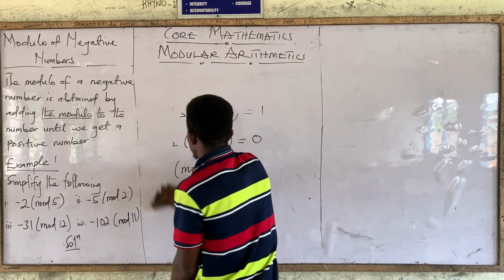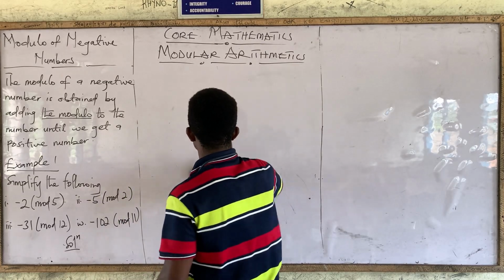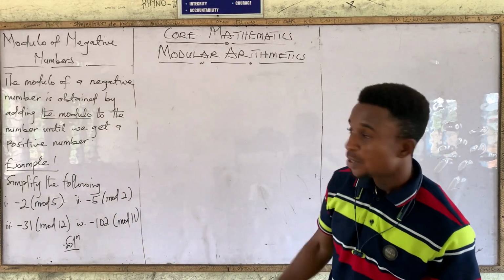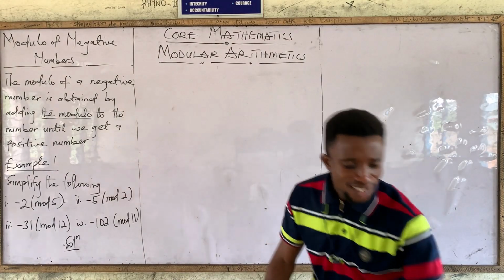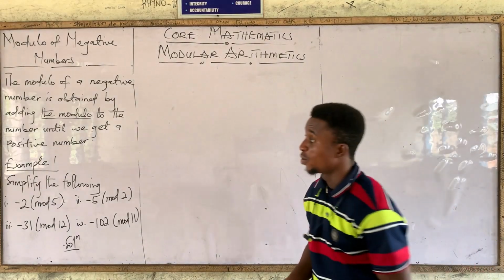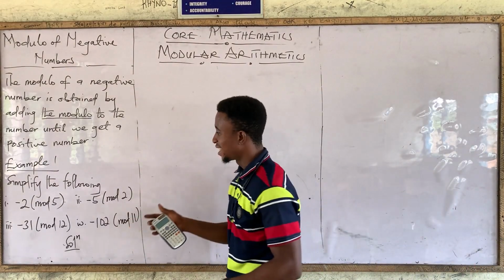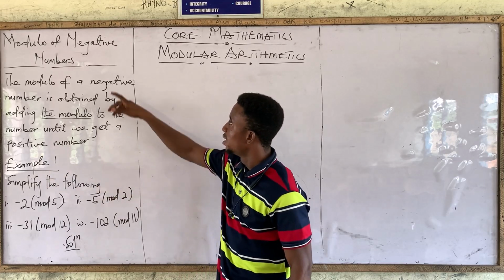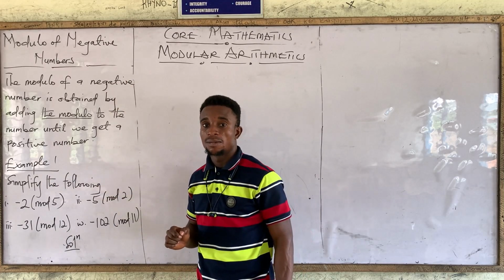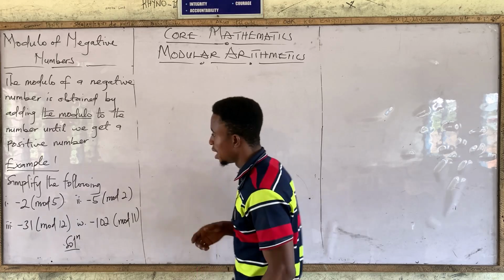Okay, so that is that. And I hope you've even started and you're even done, right? So I think you are done with the first one, right? Let's now proceed. The example number one is examples on negative numbers. Please, are we getting that? Then we will know what to do.